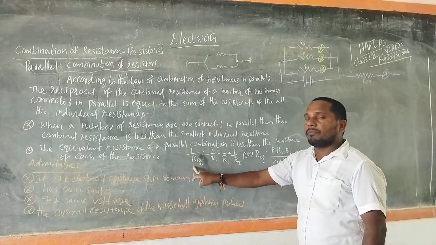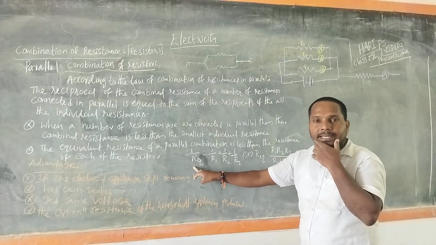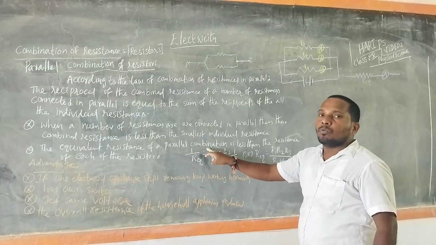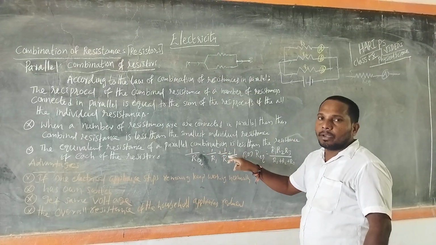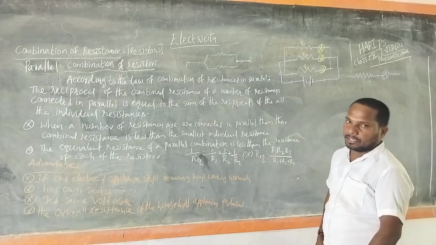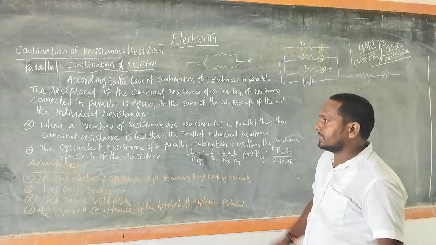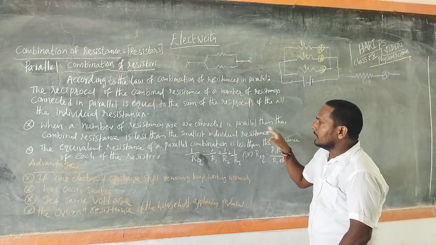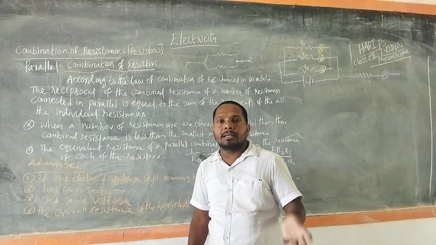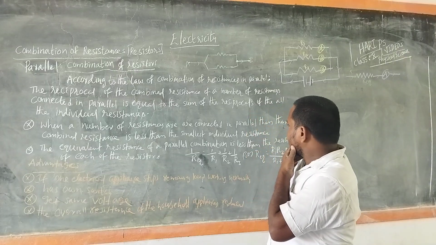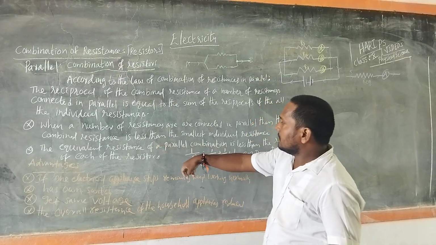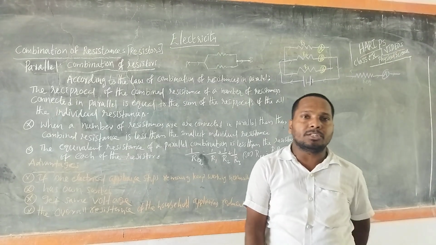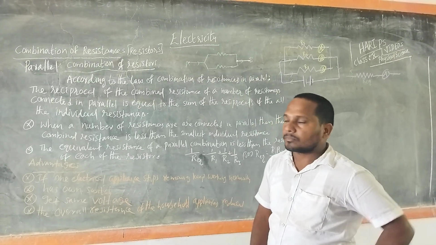So the reciprocal of the resultant or equivalent resistance is equal to 1 by R1 plus 1 by R2 plus 1 by R3. When a number of resistances are connected in parallel, their combined resistance is less than the smallest individual resistance.